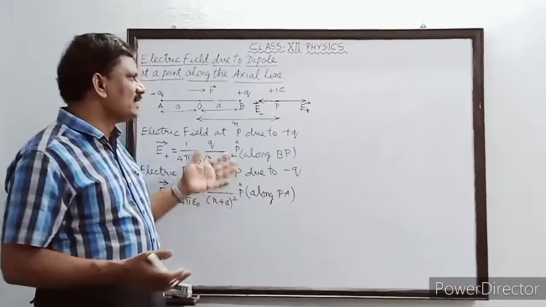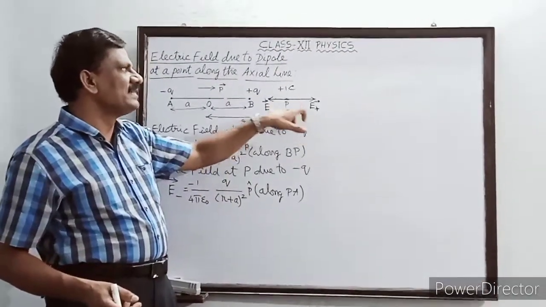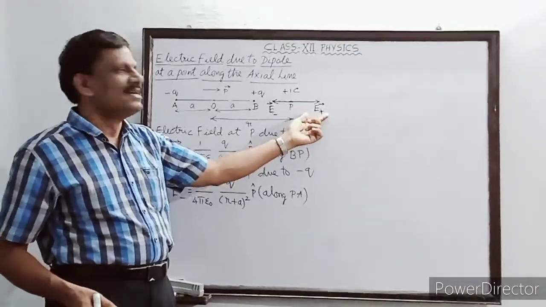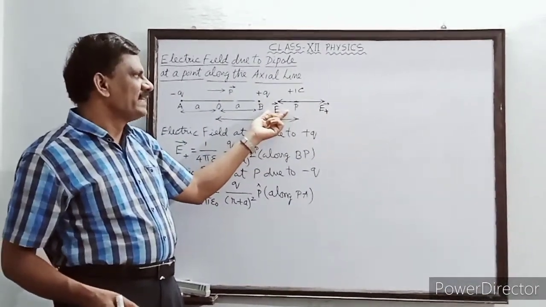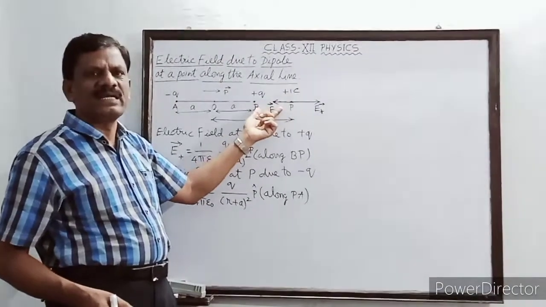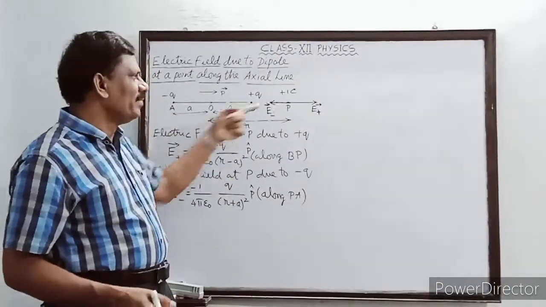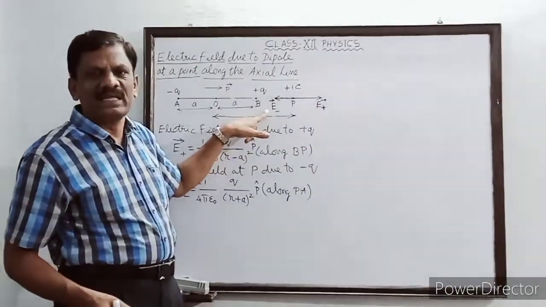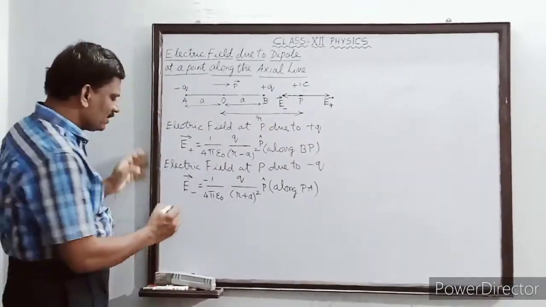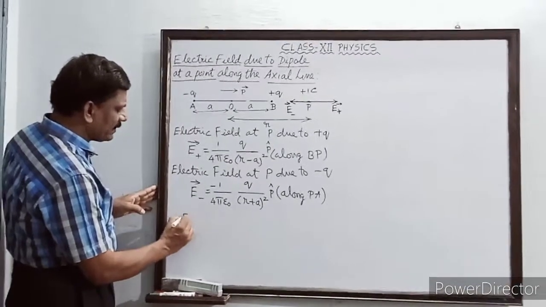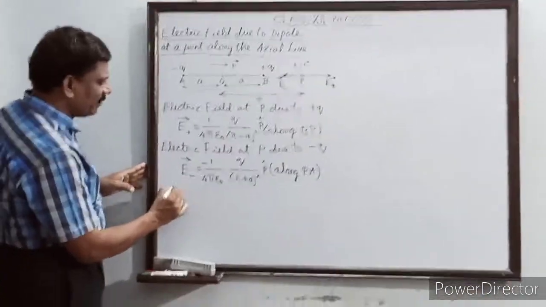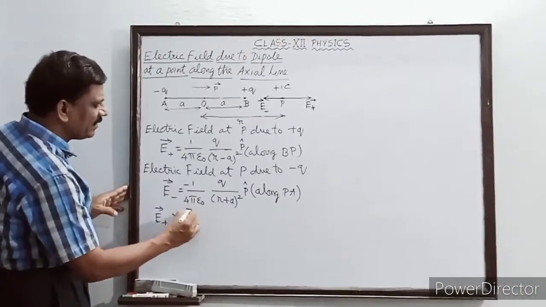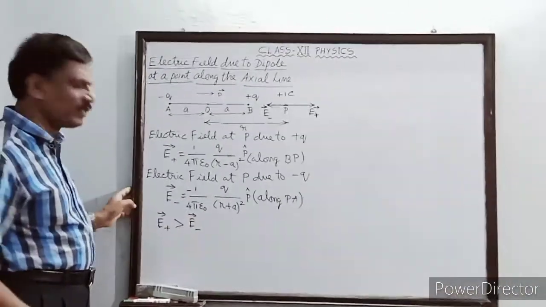From inverse square law, the force experienced by the unit positive charge at a shorter distance will be greater, and the force experienced by the unit positive charge at a greater distance will be lesser. That is why E plus vector is greater than E minus vector. This is from inverse square law.